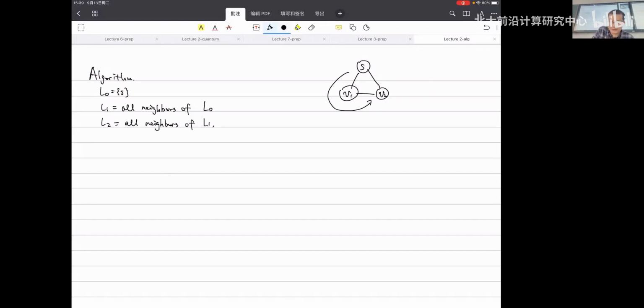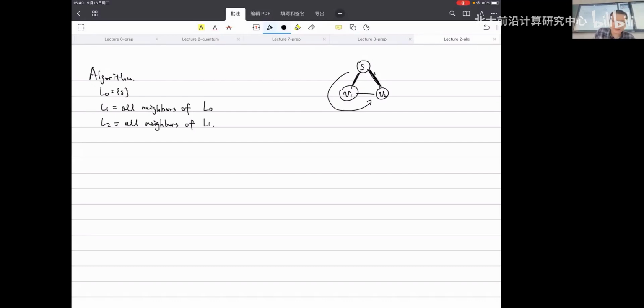But if you continue with such a definition, you will just get confused because we want to talk about the shortest path. Of course, in this graph, you can easily see that the shortest paths from S to V1 and from S to V2 both have length 1. You just consider these 2 edges for V1 and V2 respectively.